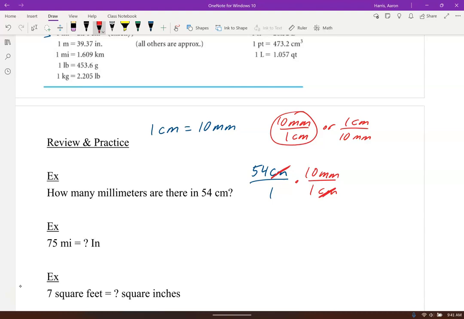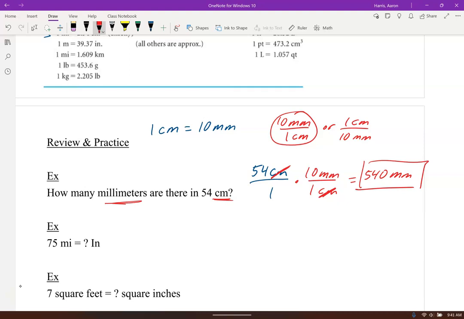So we have 54 times 10, 540 millimeters all over 1, right? And by the way, this is a reduction, right? This last one from centimeters to millimeters is a reduction because they're both in the metric system.